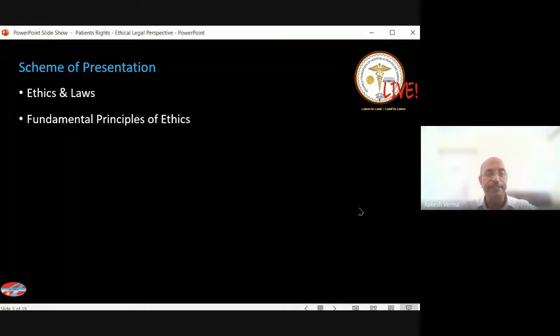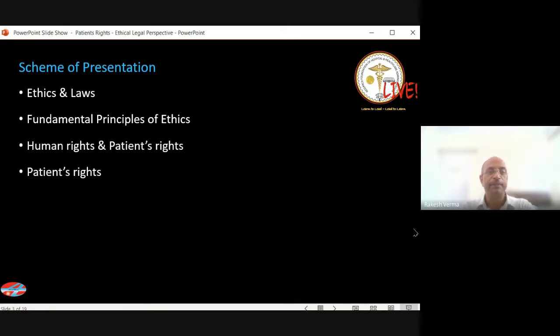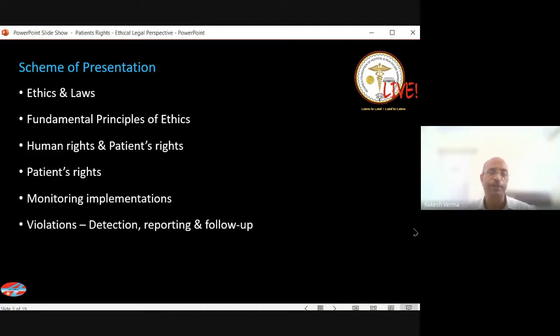When we look at the fundamental principles of ethics as it applies to the healthcare system, we look at human rights and patient rights, and two more topics after that: how to monitor the implementation of the patient rights in your hospital, rather the requirement of monitoring, and the violations that sometimes happen, and then what we are supposed to do about it.